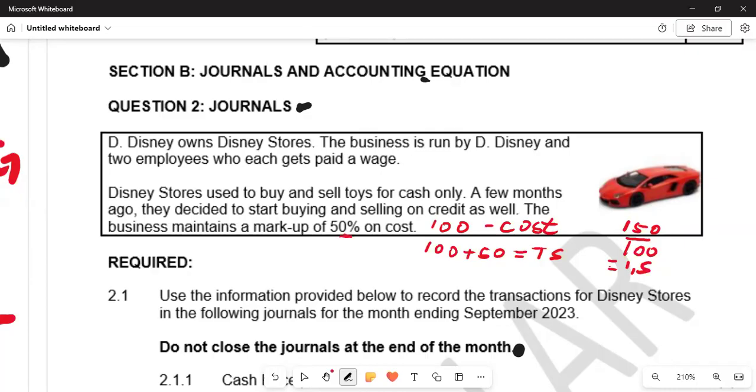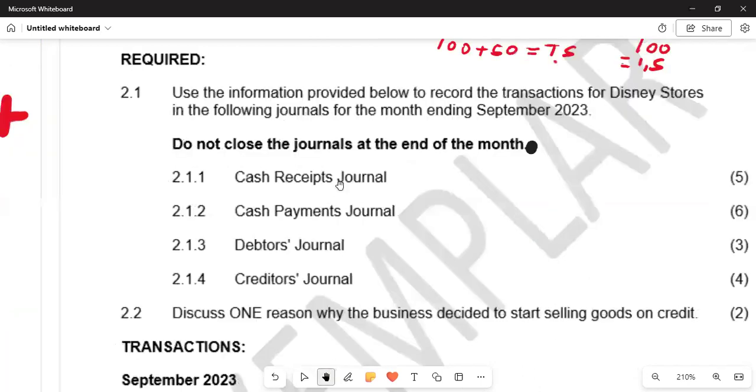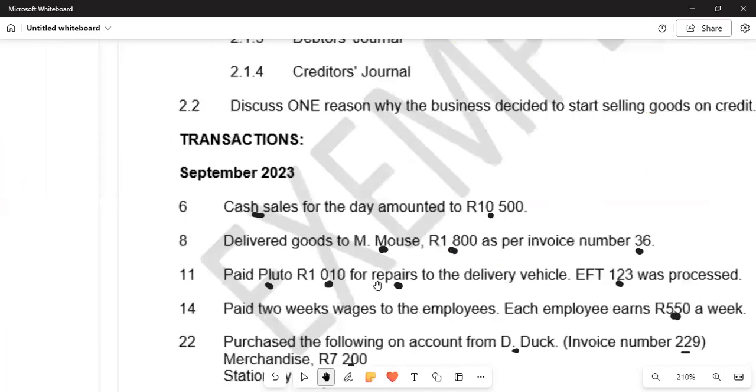So it's simple: it gives us 1.5, which is the unit price. With that unit price, we are going to divide the total sales that we are given in the transactions. Here on the transactions, we are told that the cash sales for the day amounted to 10,500. So we are going to say 10,500 divided by 1.5.